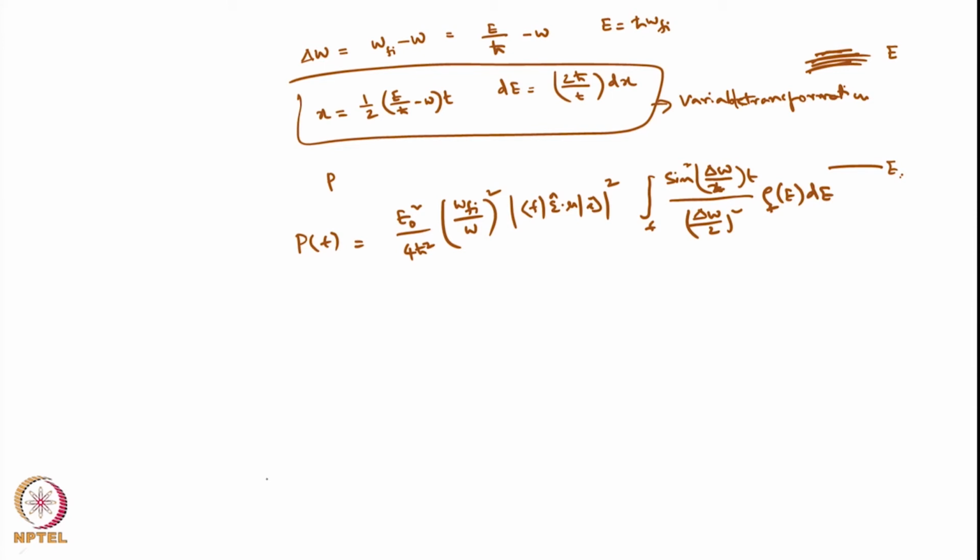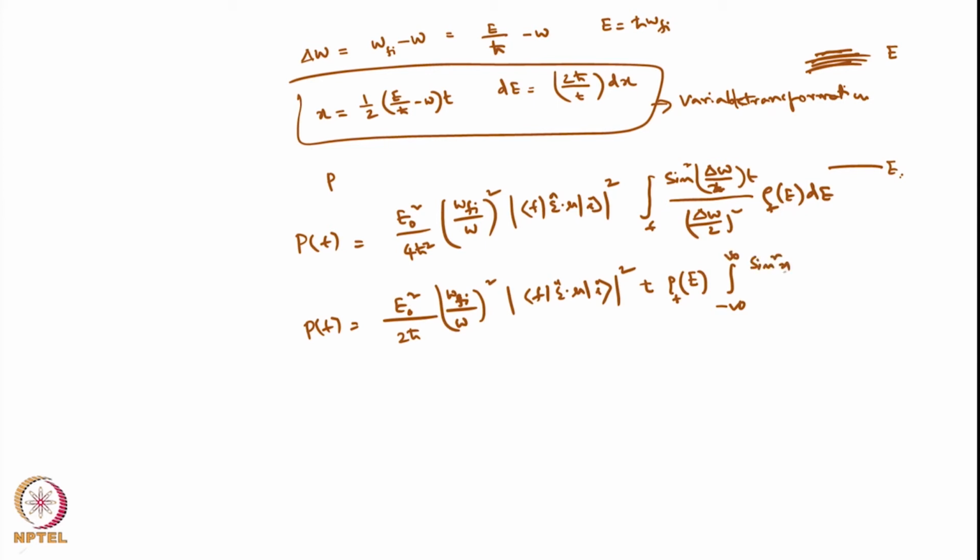Now, after this transformation I can write P(t) is equal to E_0 squared by 2 h bar, omega_fi by omega whole squared, modulus of f epsilon dot mu_i squared, into t, rho_f(E), integral from minus infinity to plus infinity of sine squared x by x squared dx.